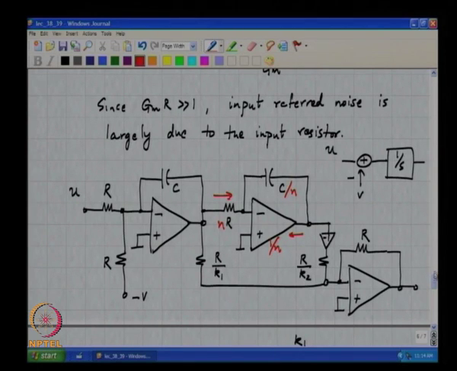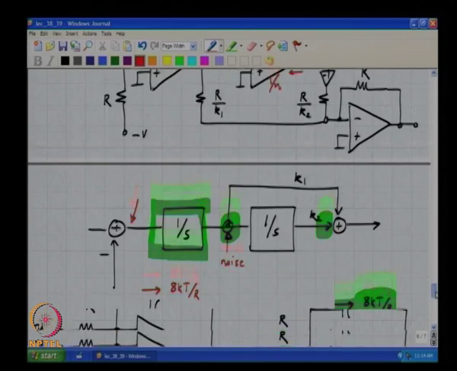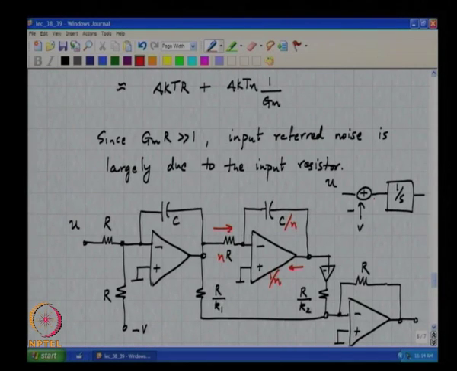So, it is therefore commonplace to choose the impedance levels of subsequent integrators and whatever else comes after the first integrator to be much higher than what you would choose for the first integrator, because you save power. You will get more noise.